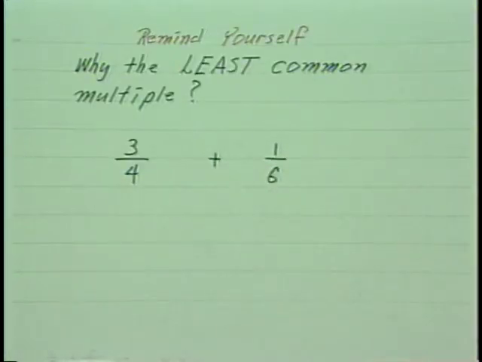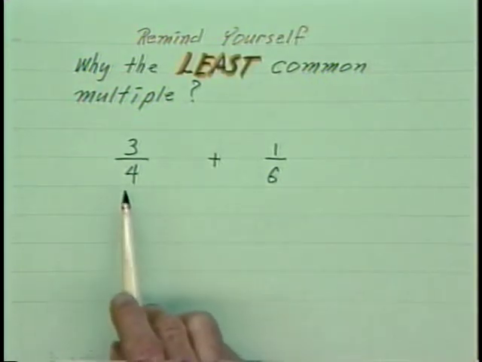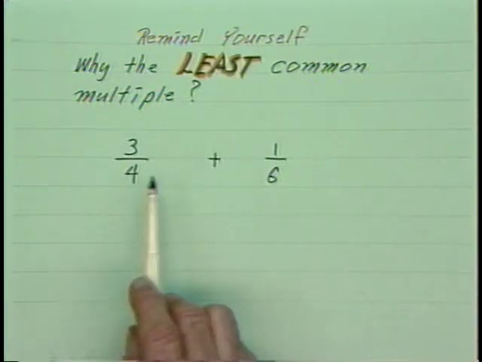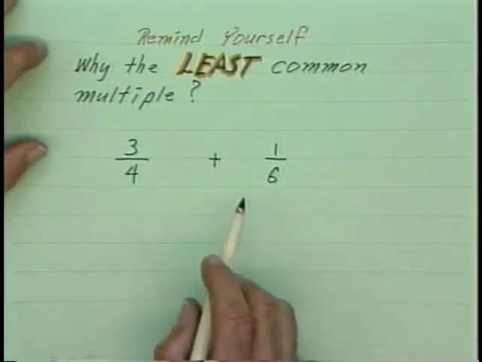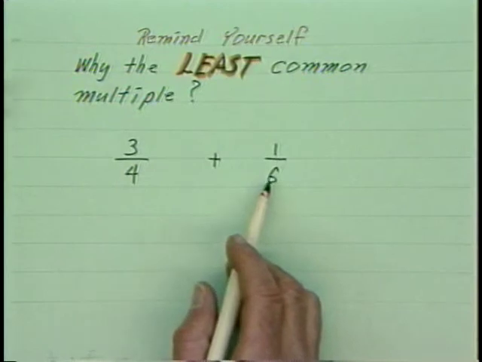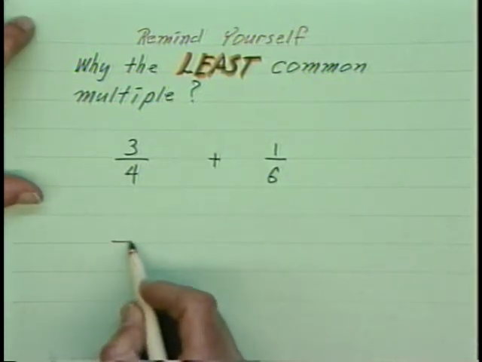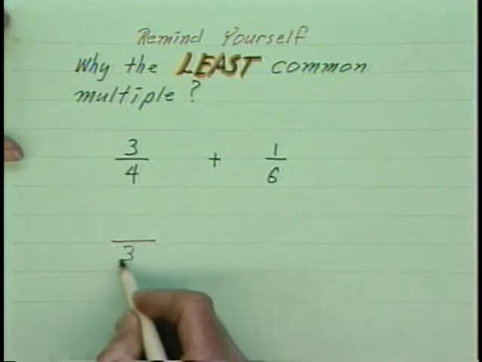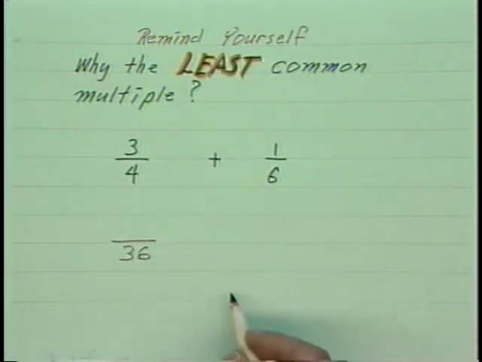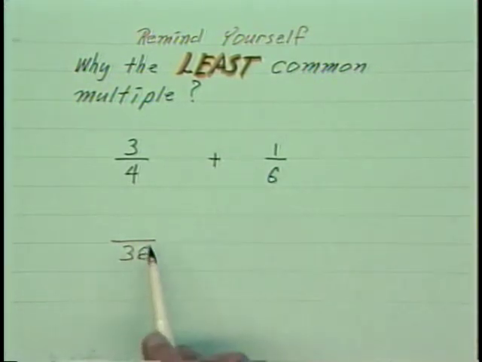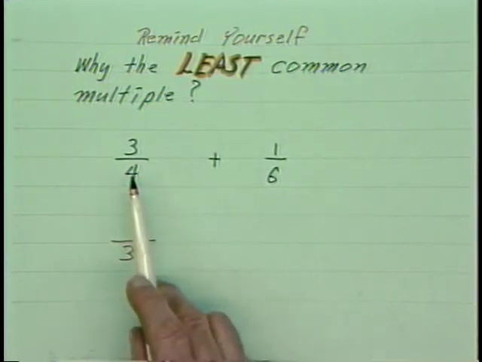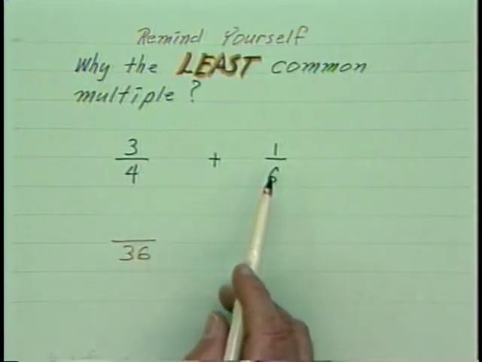But let's remind ourselves why we wanted the least common multiple. After all, although it is true that 12 is the smallest number that 4 and 6 will go into, they'll also divide into 24. They'll also divide into 36, as a matter of fact. In fact, there's an infinite number of numbers that each of 4 and 6 will divide into.